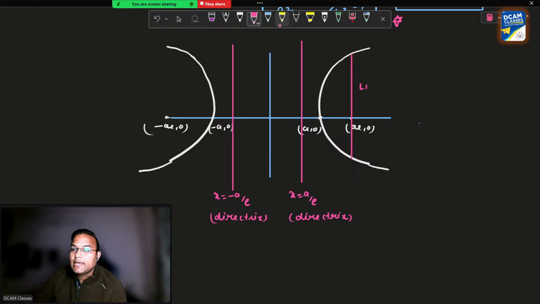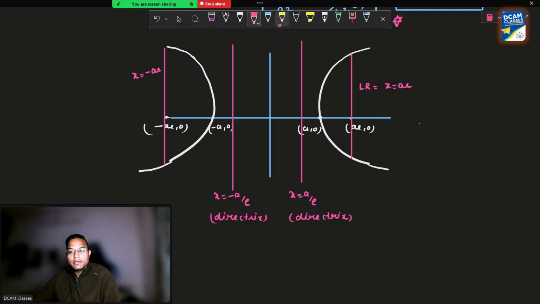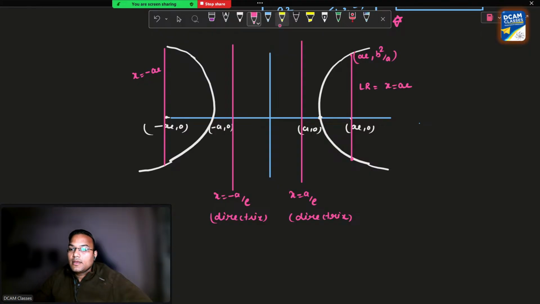The equation of latus rectum is x is equal to AE. Simple. Here also it will be x is equal to minus AE. And do you remember how we got the endpoints? By solving with the curve, the length also will be the same. These points will be AE comma B square by A, AE comma minus B square by A, minus AE comma B square by A, minus AE comma minus B square by A.